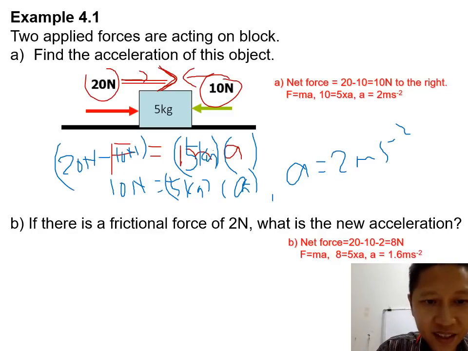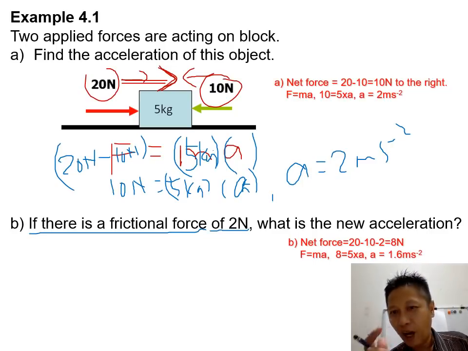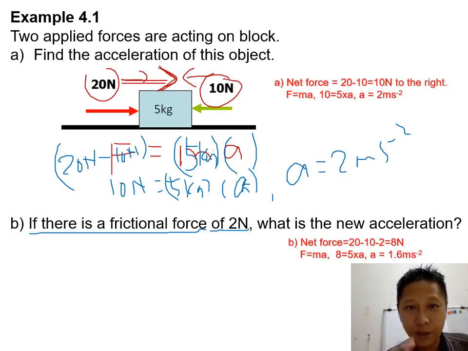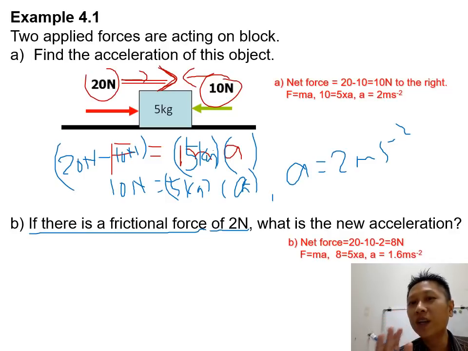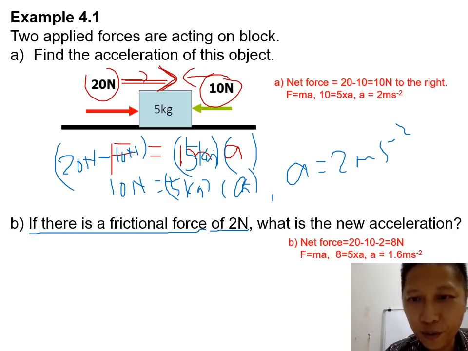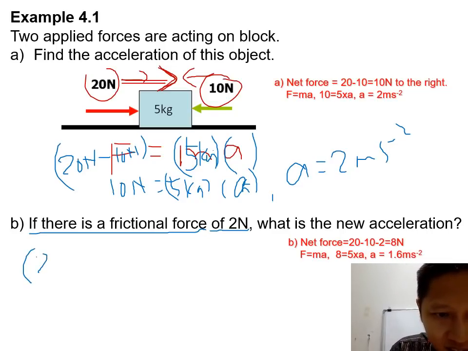For the second case, we just realized that, oh no, there is a friction force of 2 Newton. Now, what is the new acceleration? When there is a friction force, we guess that the block will move slower than before. It will be a smaller value than 2 ms^-2. So for this case, for our net force, we need to consider the friction force.